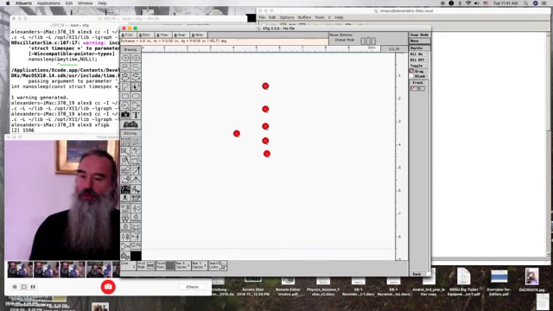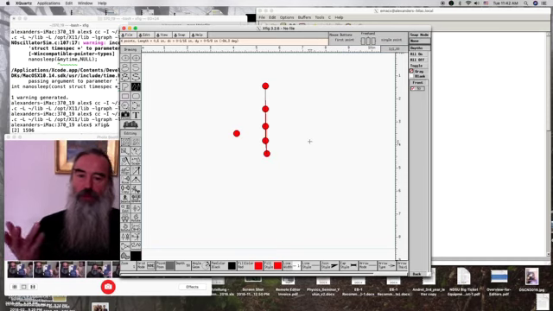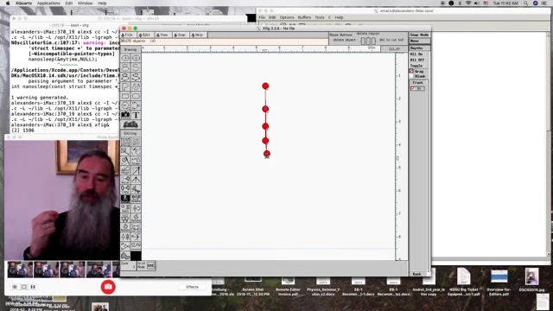And you have some kind of strings connecting them. These are all our springs here. Actually, what we did is that they were completely one-dimensional, and they were moving up and down.